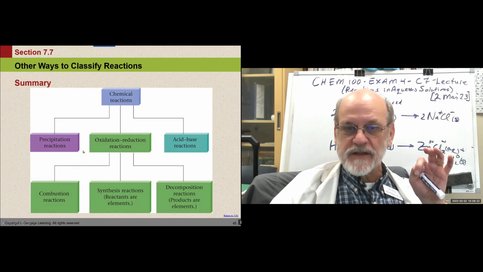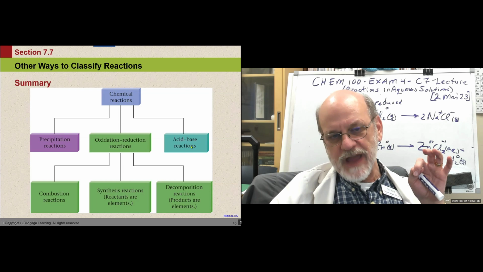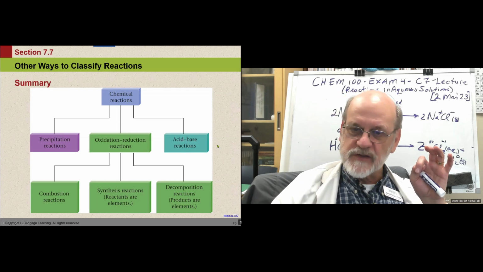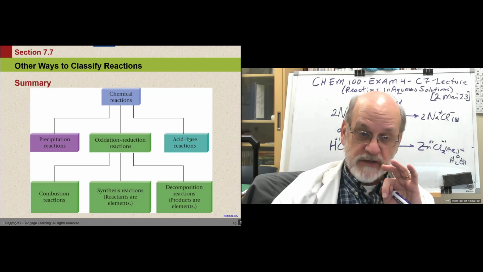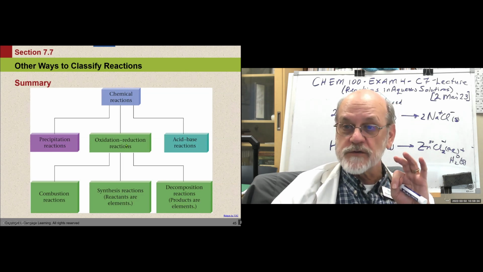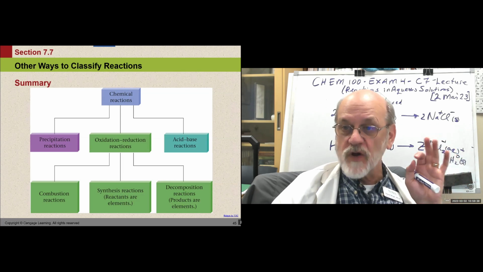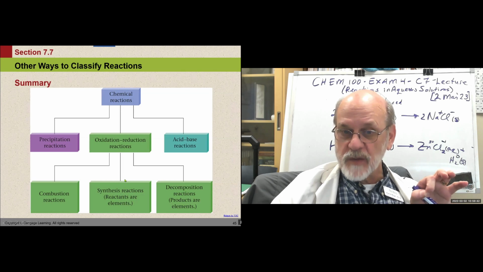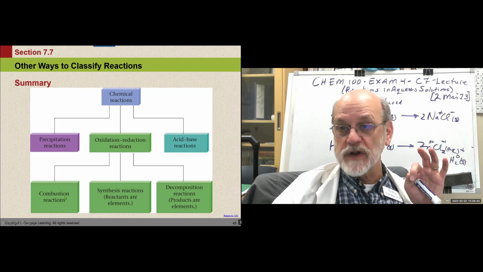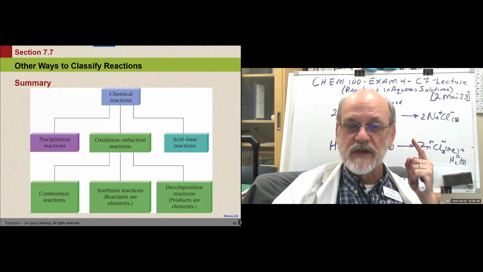All right. So if we look at these chemical reactions, we can say, okay, precipitation reactions are over here, acid-base reactions over there. We know the driving force here is the formation of a solid. The driving force here is formation of water. Oxidation reduction reactions are always driven by electron transfer, but we have some subcategories for that also. Combustion reaction is a special case.